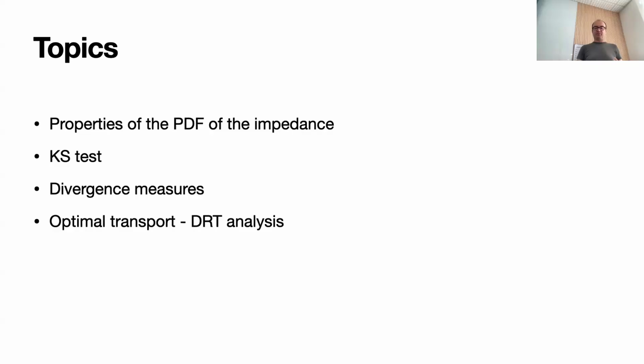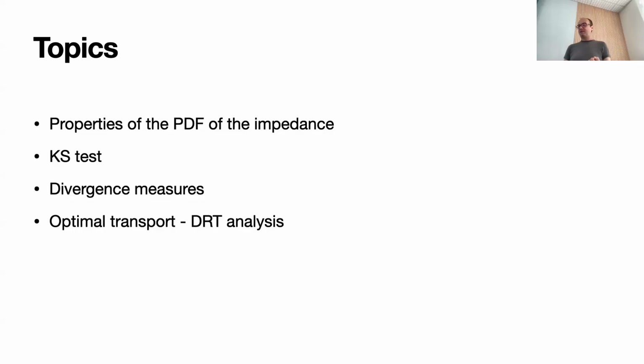I'm going to talk about how to analyze DRT curves automatically. And I'm going to show you today why we can get away with analyzing DRT curves without any issues for regularization. It will be based on the concept of optimal transport.